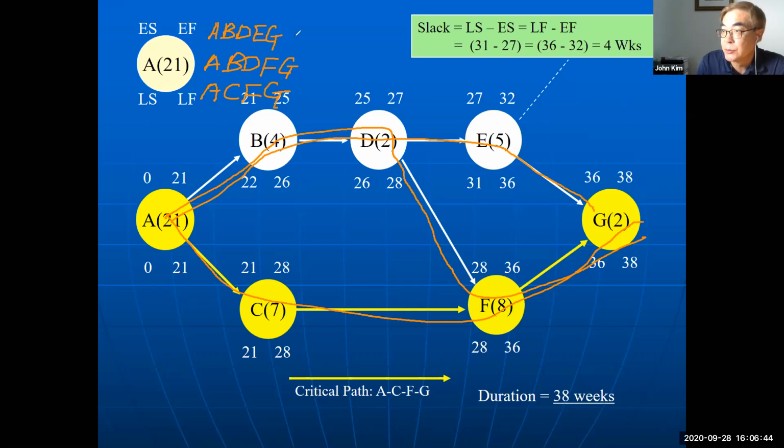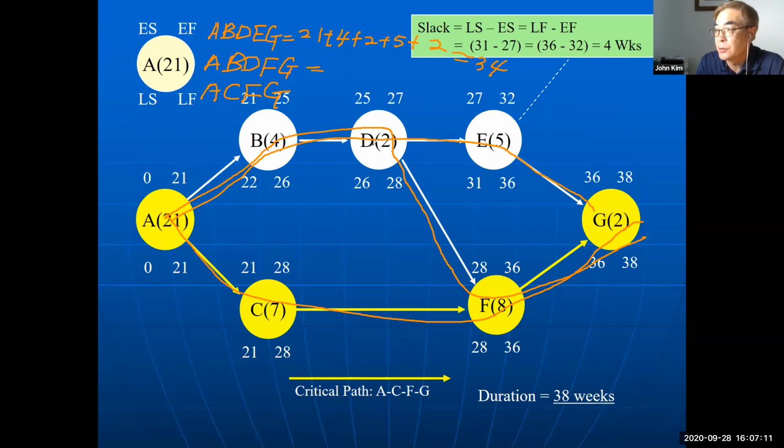So for this one, 21 plus 4 plus 2 plus 5 plus 2, this is 34.